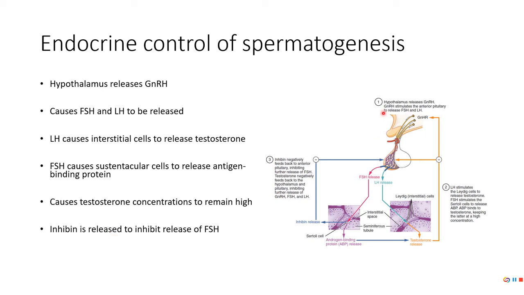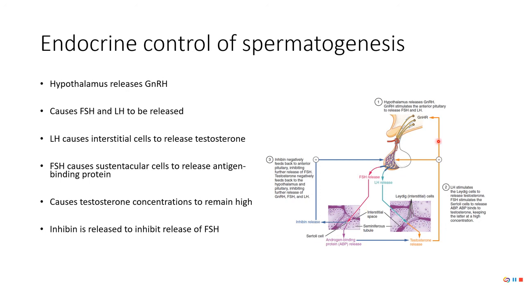So the hypothalamus releases GnRH that causes the release of LH. LH causes those interstitial cells to release testosterone. FSH causes the release of inhibin and androgen binding protein.